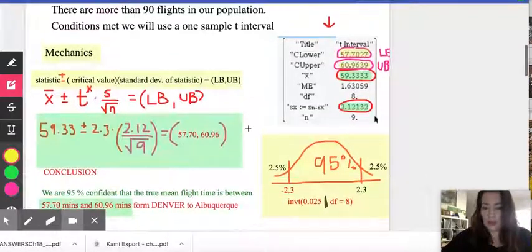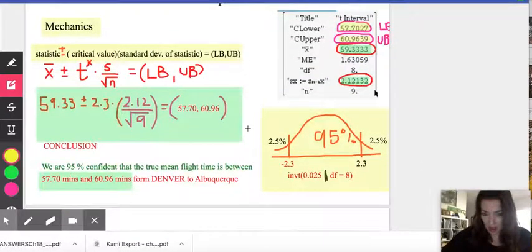From here, because we are using a T interval, I'm going to find my critical value. In this case, it's a T critical value, in other words, a T score. So 95% in the middle means 2.5% left on either side. On our calculator, we're going to do inverse T of 0.025, or if you use a table, that will work as well.